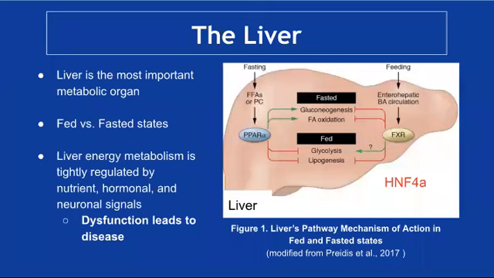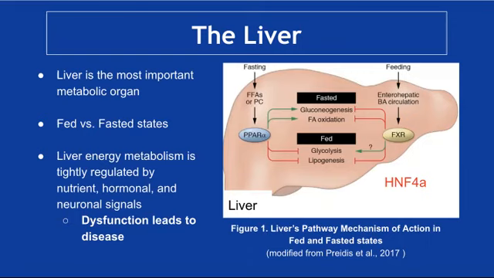In contrast, when we're in a fed state, so when we're eating, our liver will start storing excess nutrients because the insulin levels in our blood are higher. Our glucose will begin being stored in the liver as glycogen. However, in people who are diabetic or resistant to insulin, for example, the glucose won't be captured into the liver, and instead all the extra insulin encourages fat to be stored in the liver, which leads to non-alcoholic fatty liver disease.